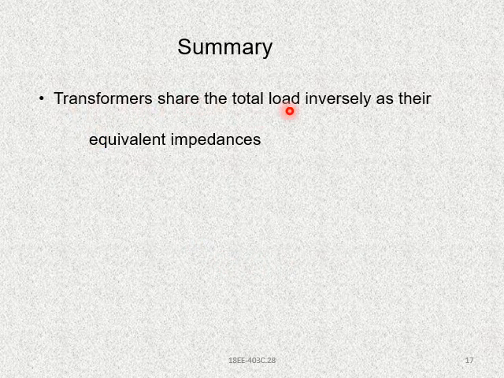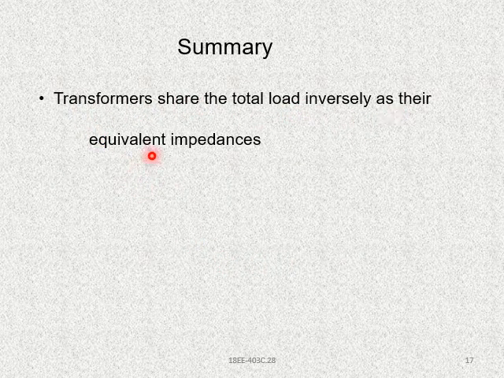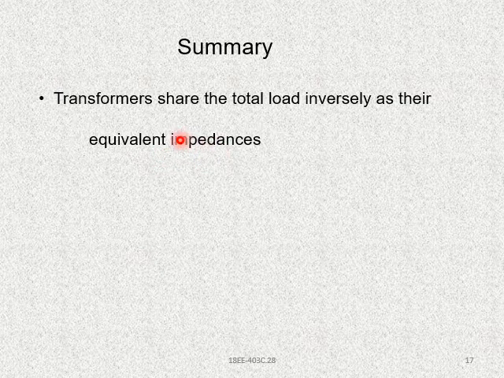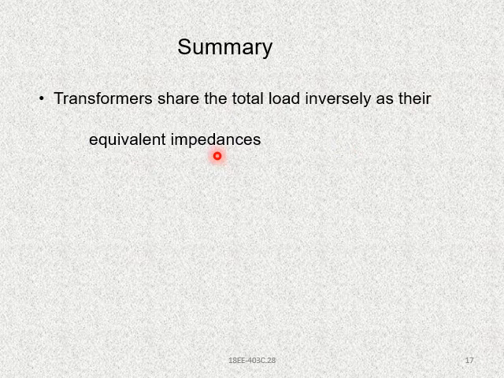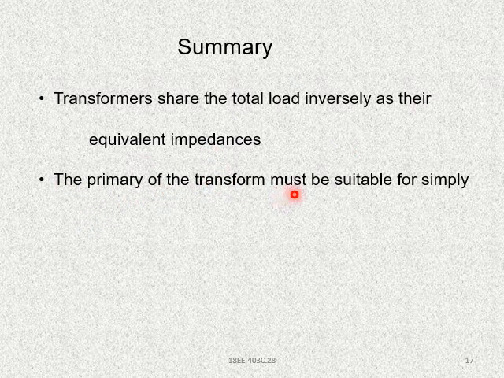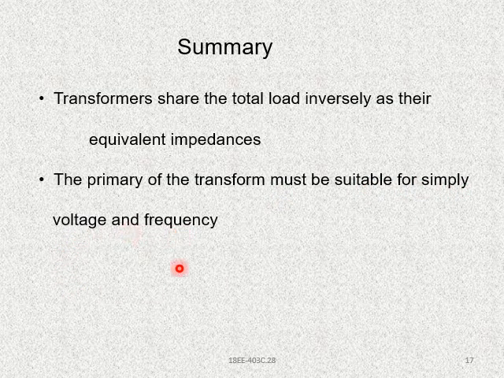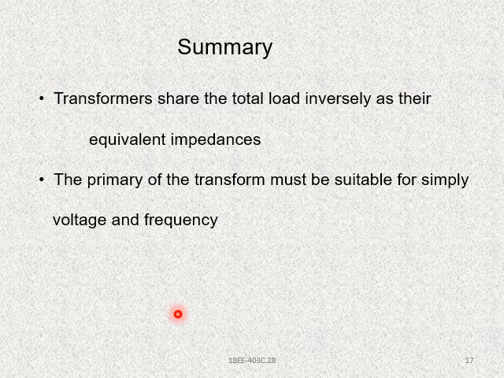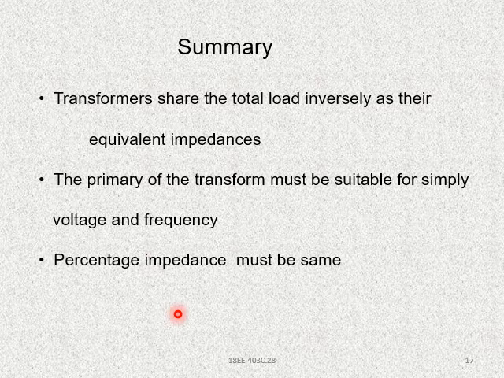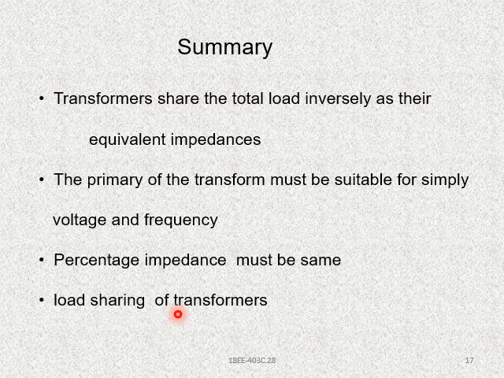The transformers share the total load inversely as their equivalent impedance. Total load kVA is inversely proportional to their equivalent impedances. The primary of the transformer must be suitable for the supply voltage and frequency. Percentage impedance must be the same. Load sharing of transformers. These are the things which we have seen. This is a simple summary.